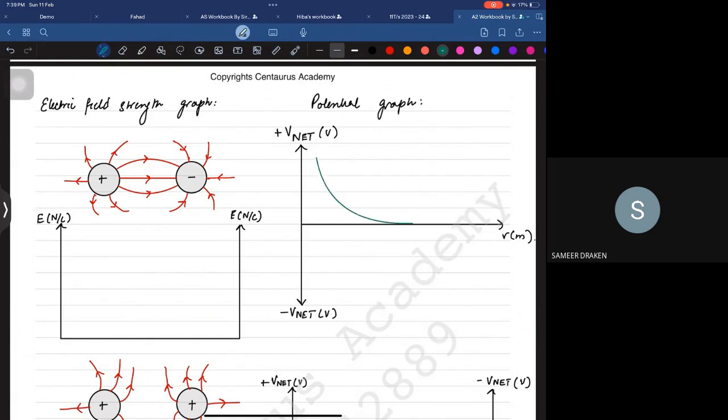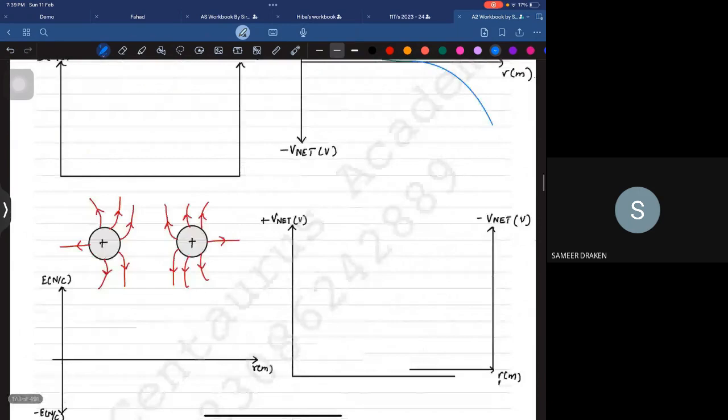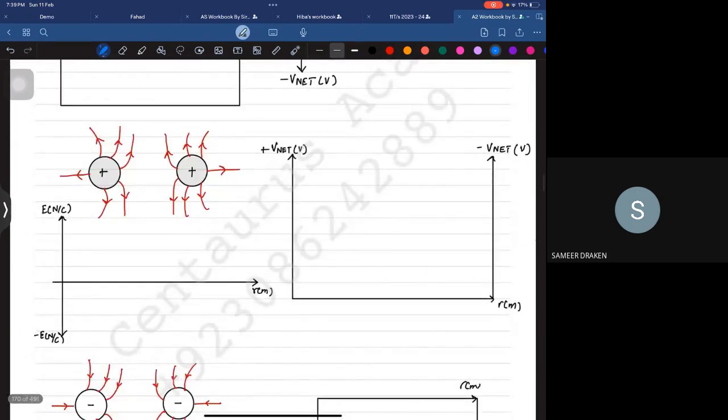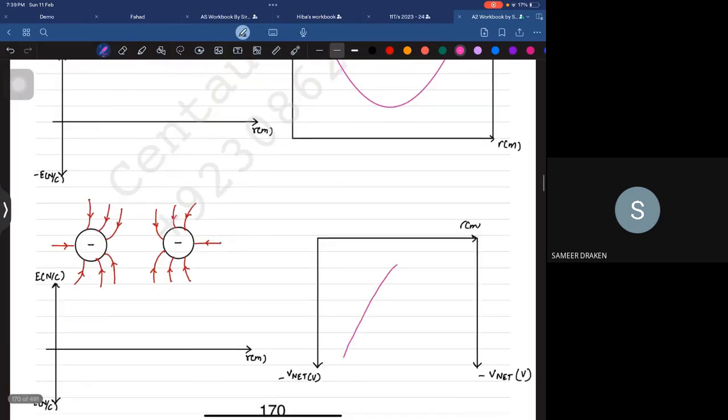You can verify from the thing that you drew earlier. Then in this one, we had a graph like this. In this one, we had a graph like that. Wait, let me just move it to the center, like that.